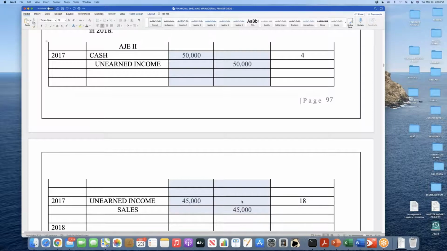All we got to do is change the amounts. How much cash do we get? $100,000. So 2,000 customers at $50 is $100,000.